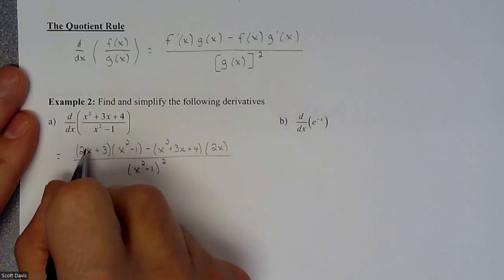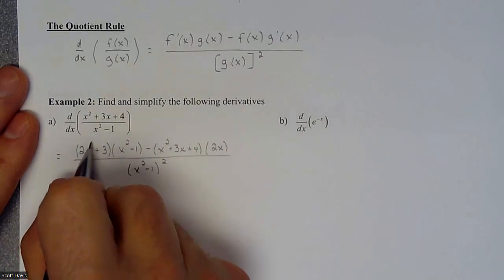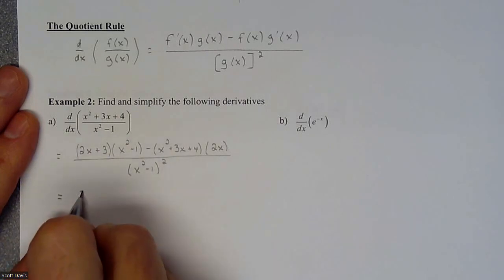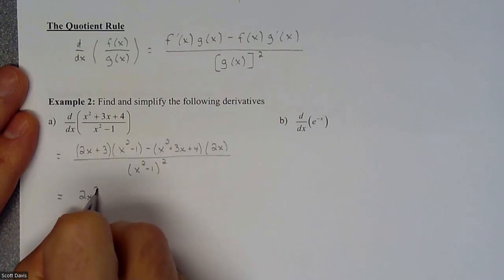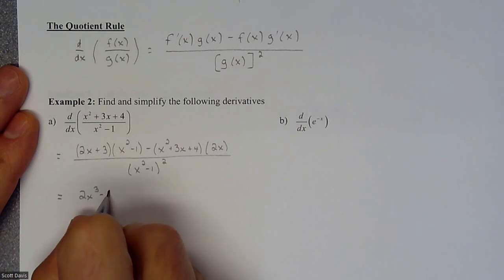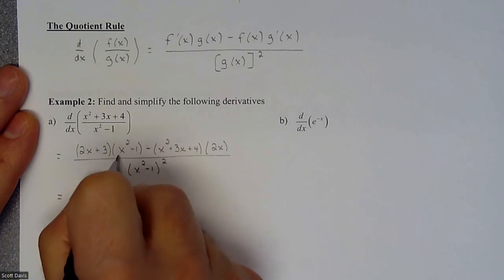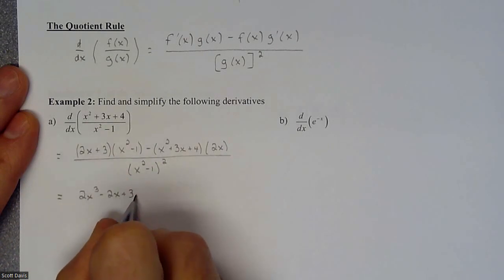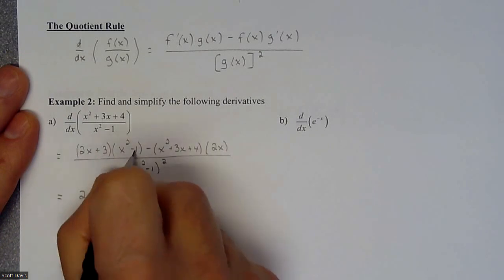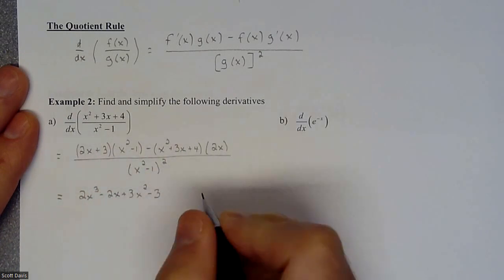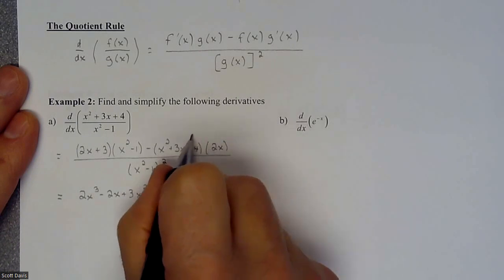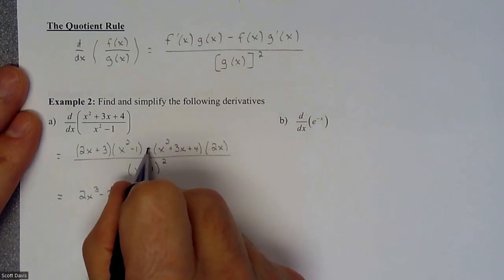So to distribute this, we're going to take the 2x distributed to both of those two. So we're going to have a 2x to the third minus 2x. And then we'll distribute the 3. So plus 3x squared minus 3. And then we're going to be distributing a 2x with a negative in there.